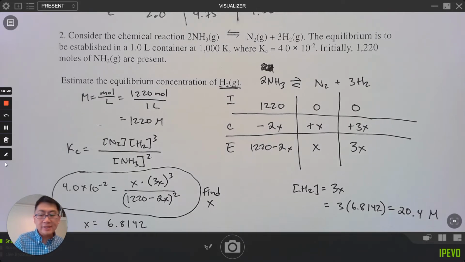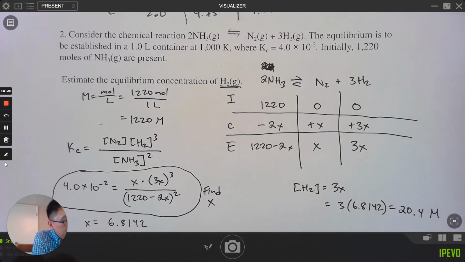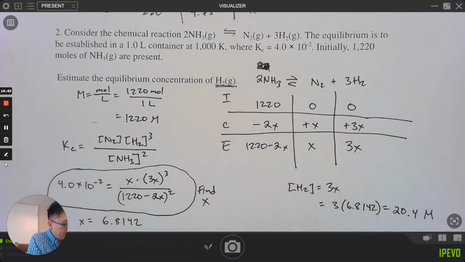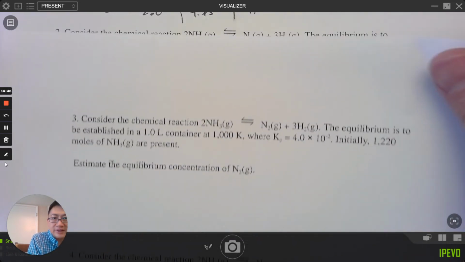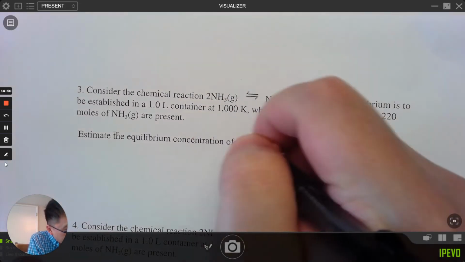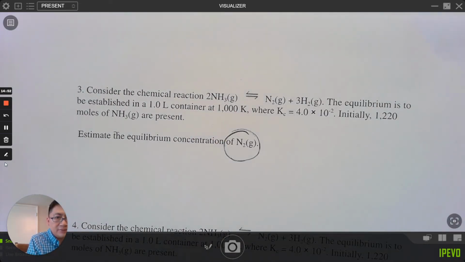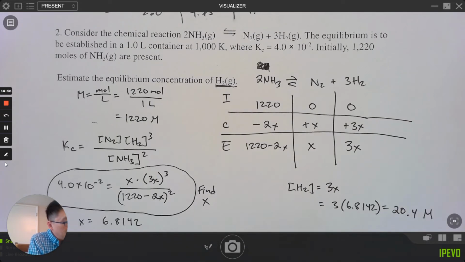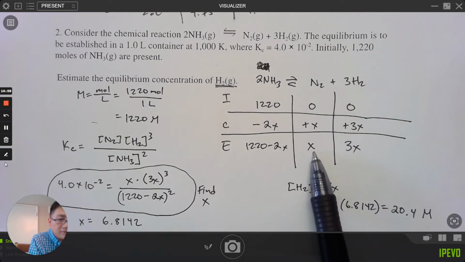I kind of actually already did question number 3, which is on the next page. Let me get the paper. It's the exact same question, except question number 3 says find the nitrogen concentration. Word for word the same thing, except this time find nitrogen. What's the nitrogen concentration? It's x.